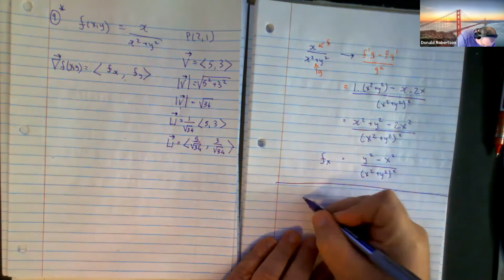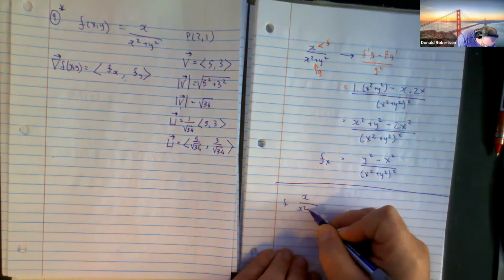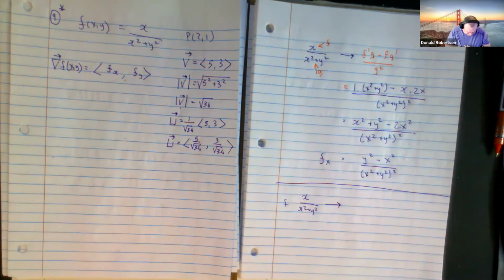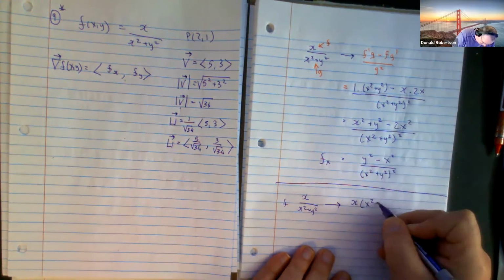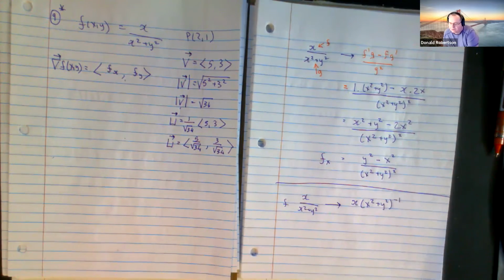Now, the other one. Yep, we're going to take this guy. But we're going to do a partial derivative with respect to y. So I'm going to rewrite this guy in that format because I'm wanting to do a chain rule on it.